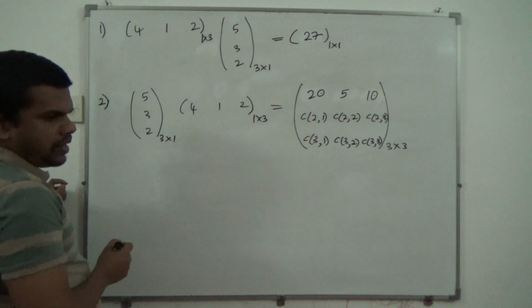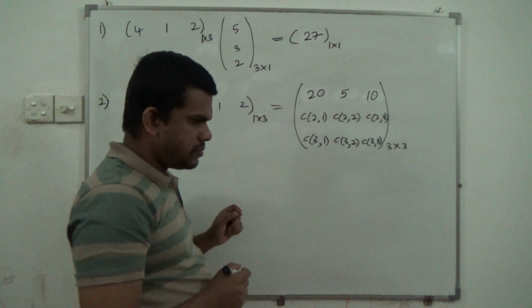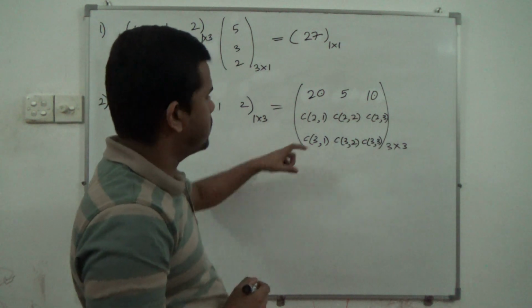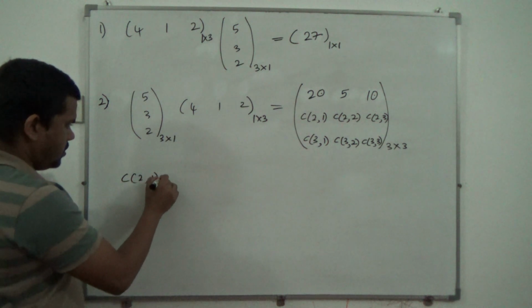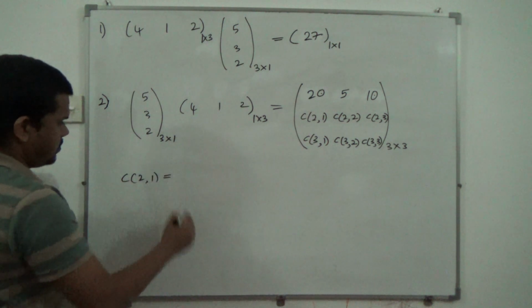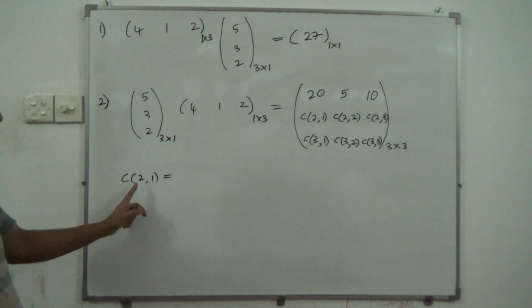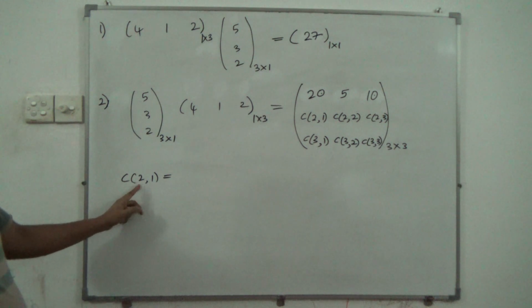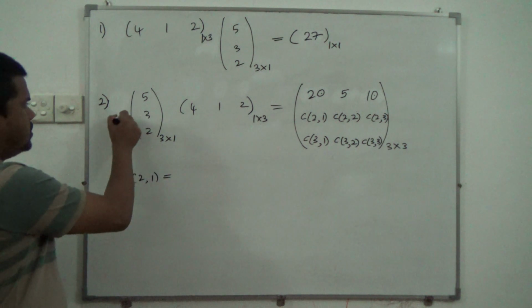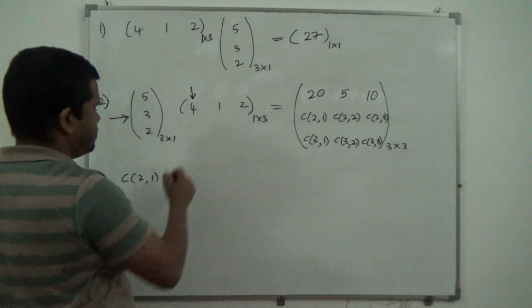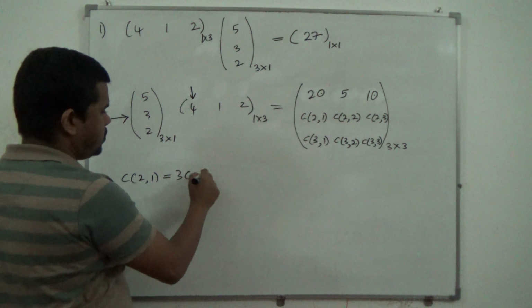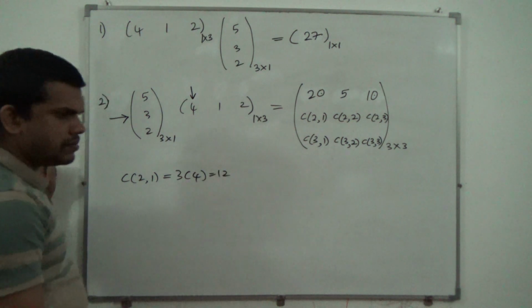Now we have to find C2,1. In the first matrix, row number 2, in the second matrix, column number 1. 3 into 4, 12.